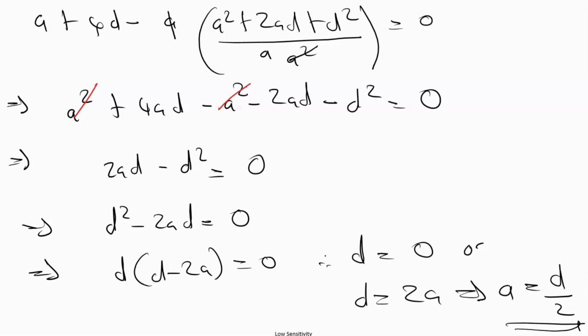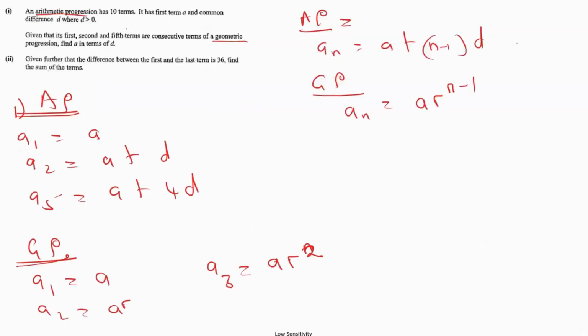That's what we really want to show. We want to show a in terms of d. So we have shown that. And then the second question says, given further that the difference between the first and last term is 36, find the sum of the terms.